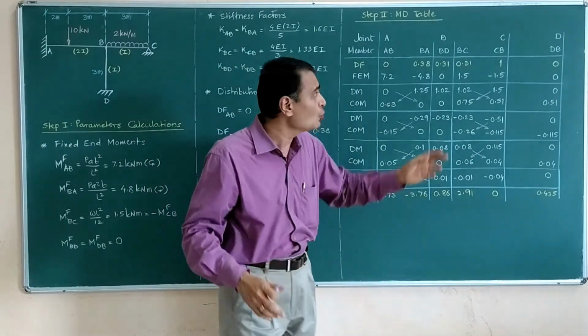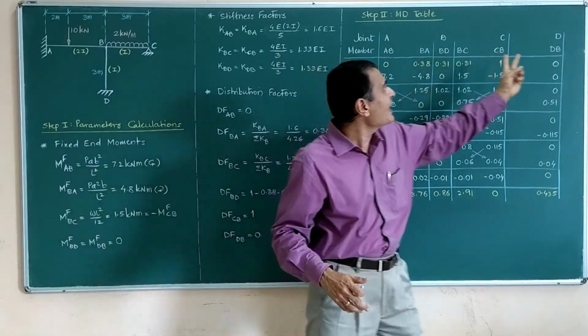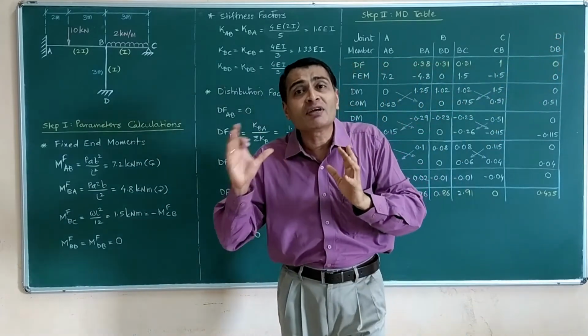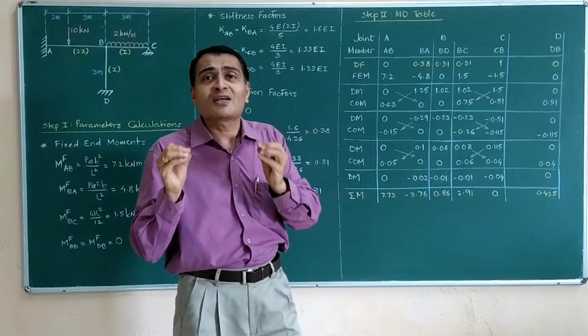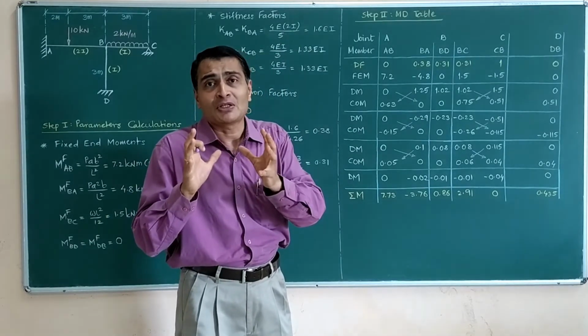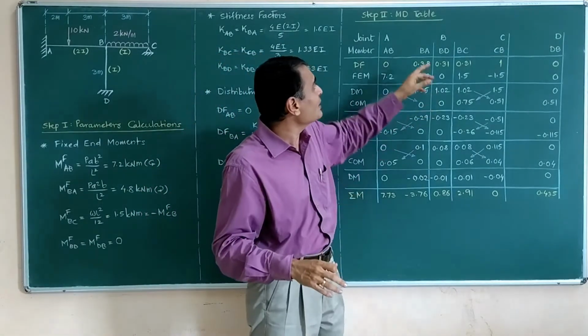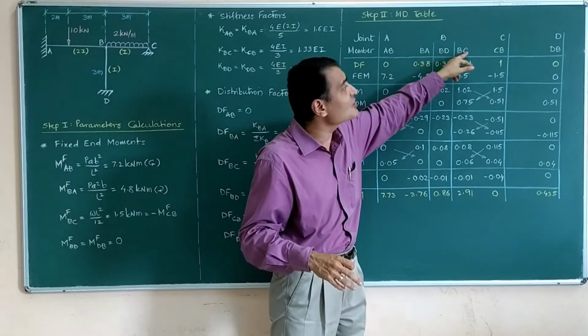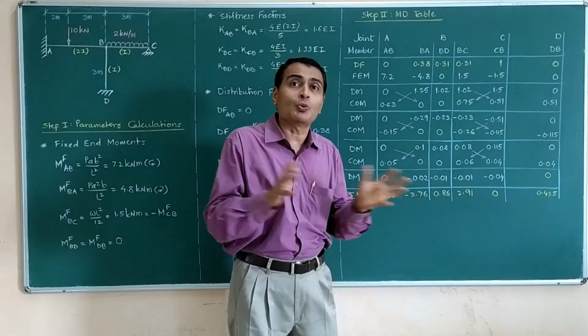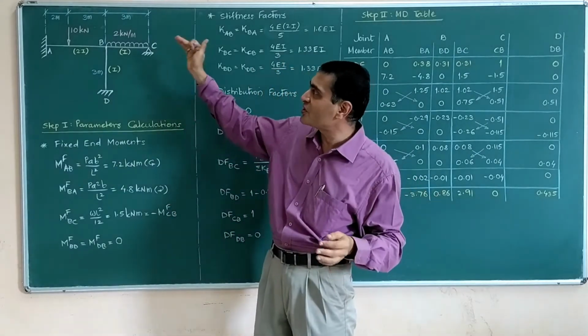So I have to write this BD and then this DB under joint D slightly away from each other, but at least to avoid confusion and mixing, jumbling, the care I am taking is this. I am not writing BA, BC, BD, though while announcing these members we usually go in this sequence, BA, BC, BD.